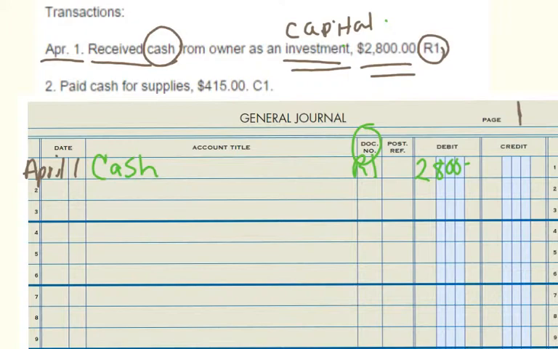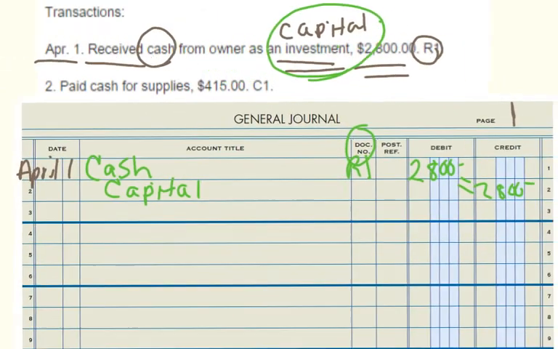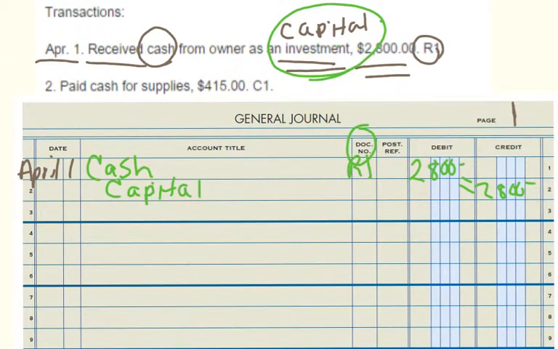Now we look at the next step. The next account affected was capital. We indent a little bit for capital, owner capital, and then that is a credit for $2,800. Do we balance? Do we have a debit and a credit? Yes, we do. Now, let's look at the accounting equation. What is the accounting equation?